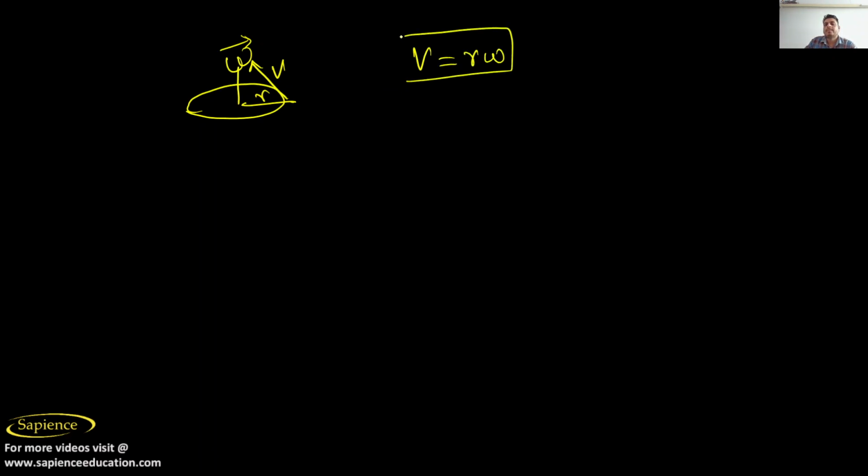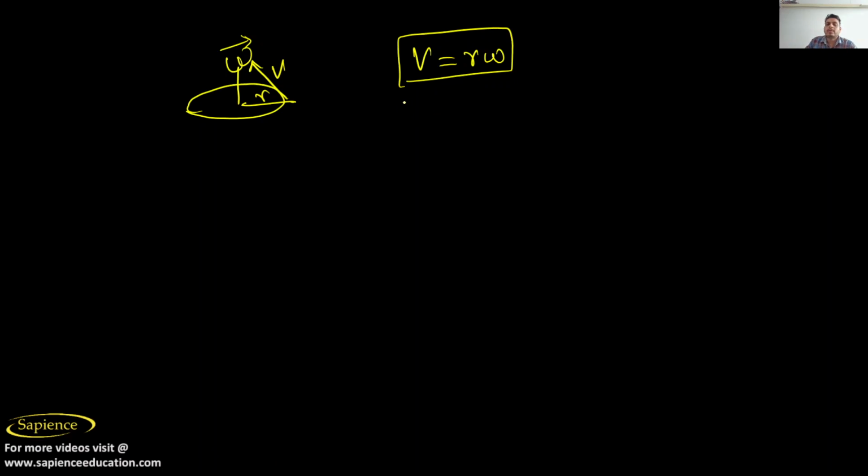As we have seen, in a circular motion there is an instant velocity v, omega is your angular velocity, and r is the radius. So we can write v is equal to r omega.